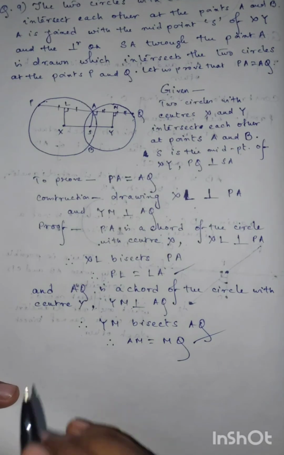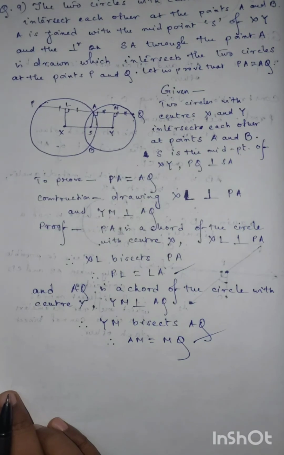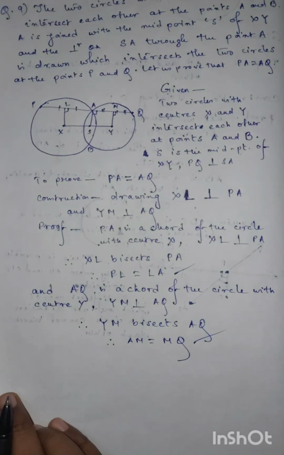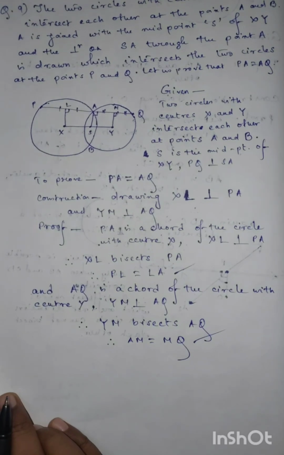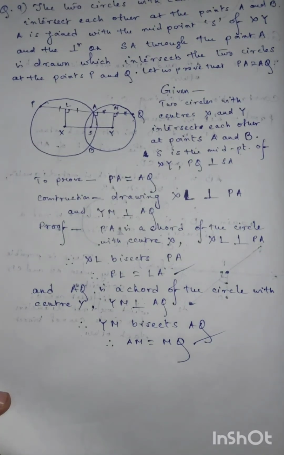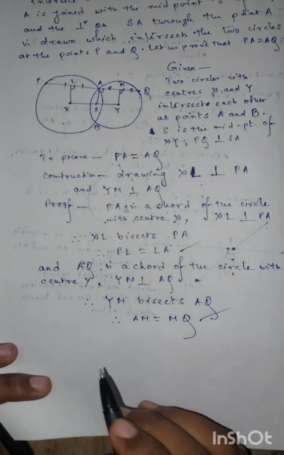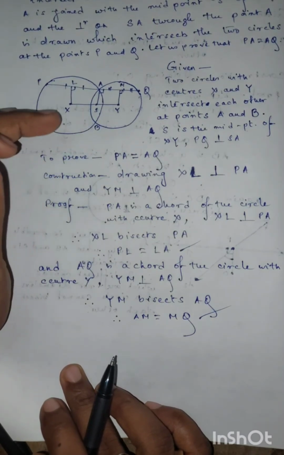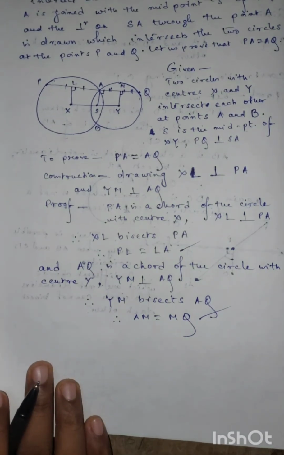Now we can say XL, SA and YM are parallel to each other because they are perpendicular to the same line.